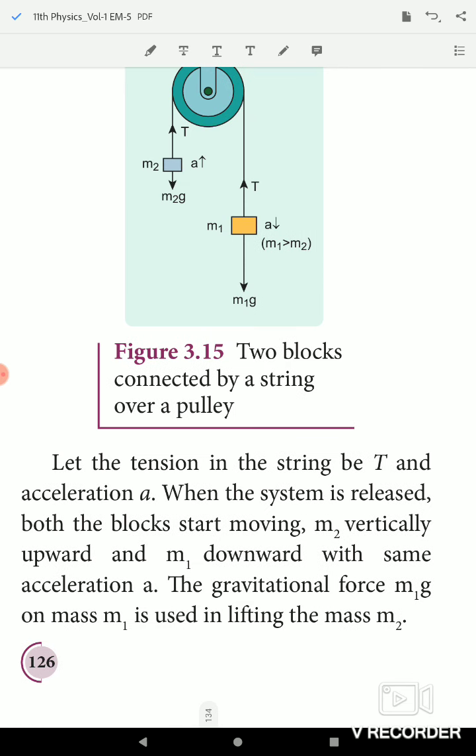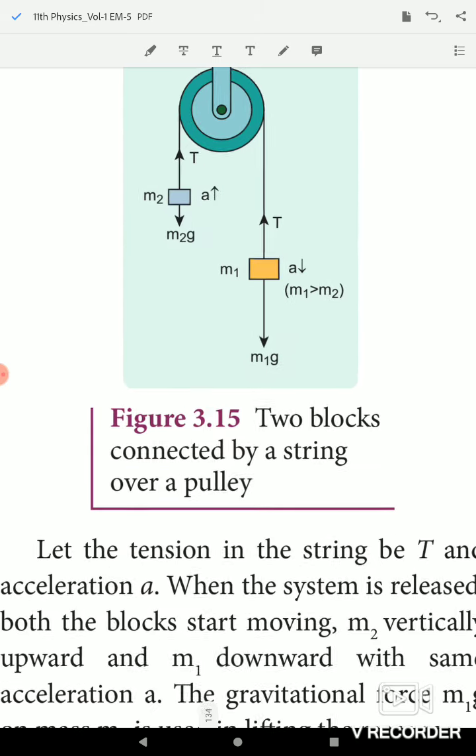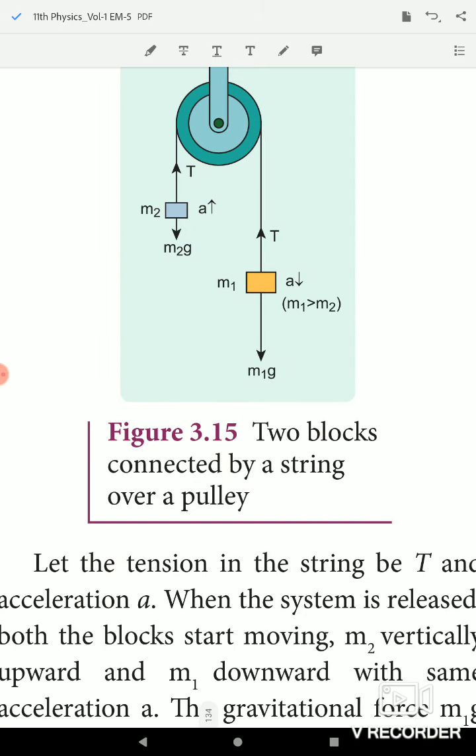Let the tension in the string be T. This T acts in the upward direction and the gravitational force acts in the downward direction. Note this point, M1 is greater than M2, so M1 moves downward and M2 moves upward.